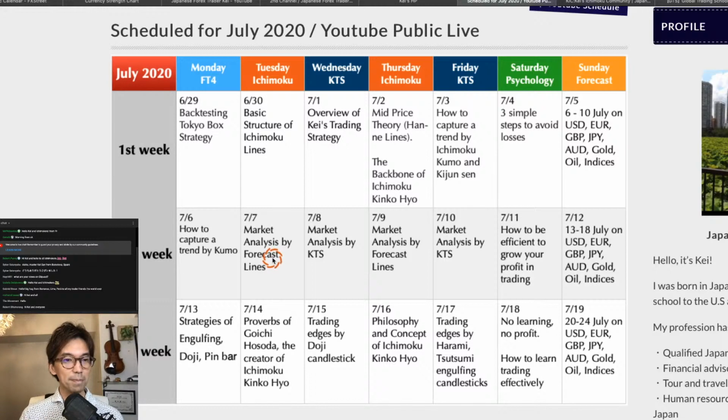This is another type of strategy or tool that you can use whenever you look at Ichimoku, and whenever you want to take trades with Ichimoku also. So let's get started right now.